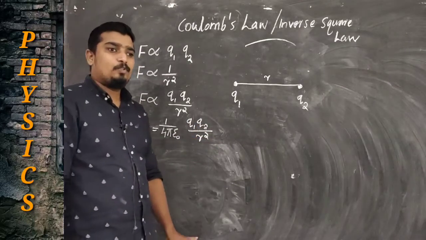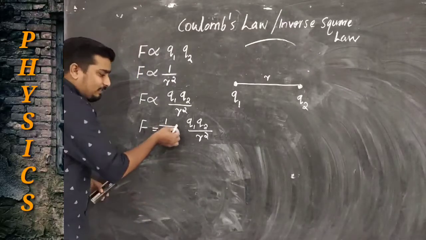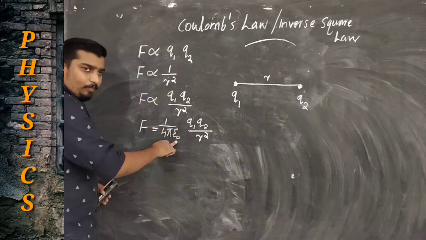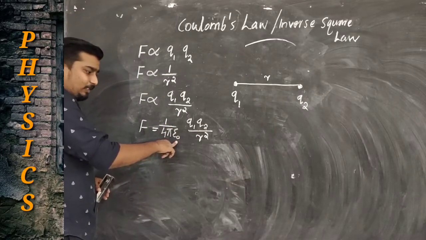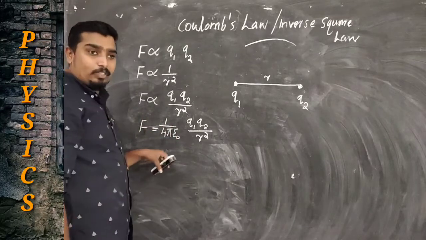Here, 1 by 4 pi epsilon 0 is a constant, the proportionality constant.